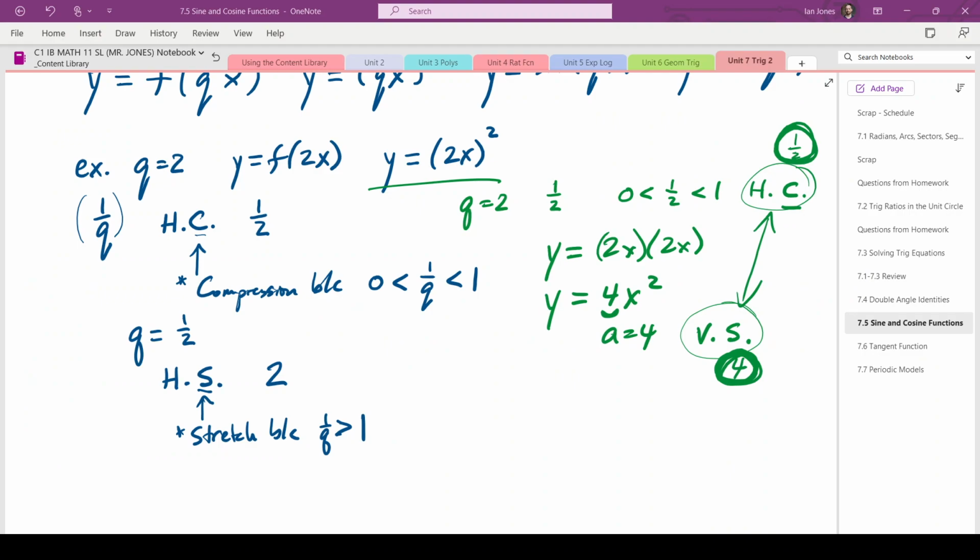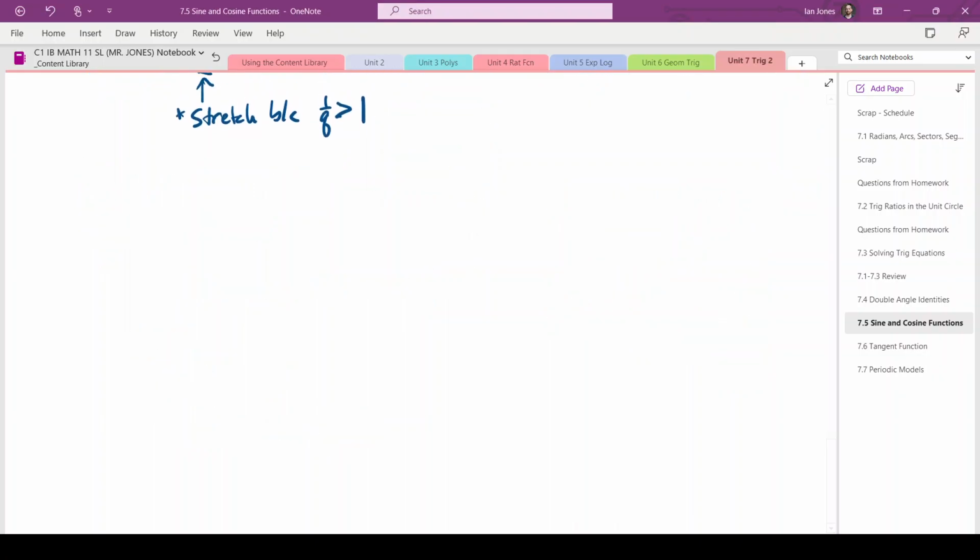So let's summarize the effects of Q in a table here. When q is bigger than 1, then 1 over q is between 0 and 1, and so we have a horizontal compression.